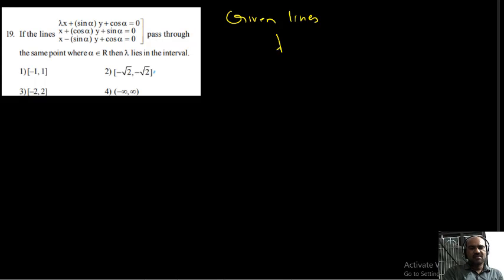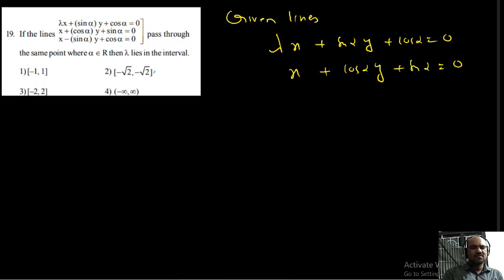The lines are: lambda x plus sin alpha y plus cos alpha equals 0, x plus cos alpha y plus sin alpha equals 0, x minus sin alpha y plus cos alpha equals 0.